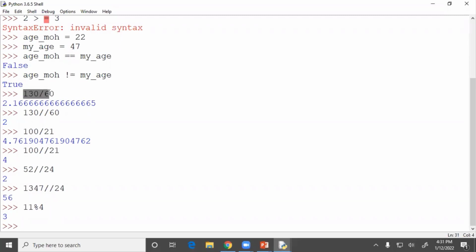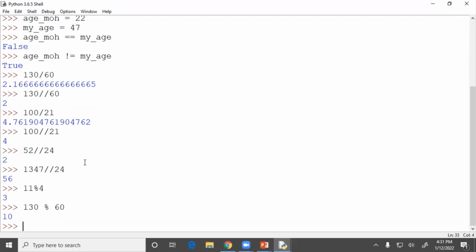Remember when I asked you about this one? You said it contains how many hours and how many minutes after the 2? So if I want to get the 10 minutes, what do I do? Instead of dividing by 60, I say modulus 60. And look at it. What do I have here? 10. So this 130, I can write it as 2 hours and 10 minutes.